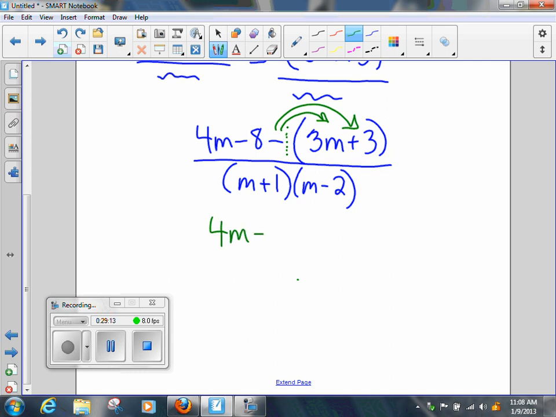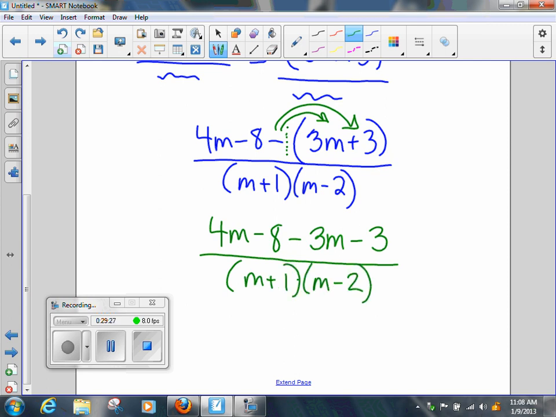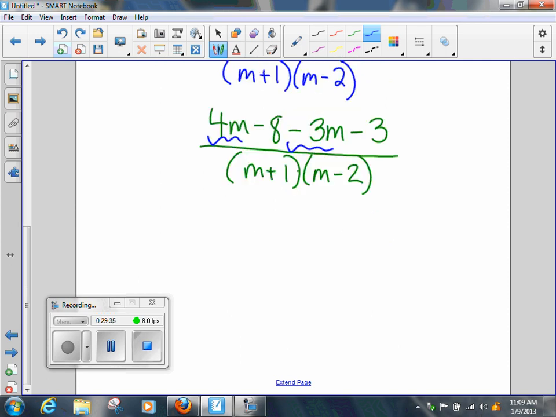And I'm going to have 4m minus 8. You fill in the rest. Tell me. Minus 3m minus 3 over that whole thing. And now we're going to combine like terms, and we're going to simplify if we can. 4m minus 3m is 1m, or plain old m.